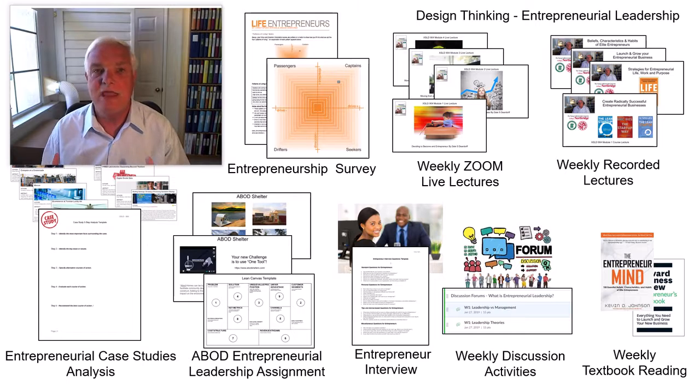If you take a peek at the graph in front of you, you'll see that the first area off to the side of my image is the entrepreneurship survey. In one of the first 3 modules, we're going to have you conduct that survey. You'll identify the traits, actions, and behaviors that map you personally as an entrepreneur, then create a report and understand from a 360 perspective where your skill sets are.